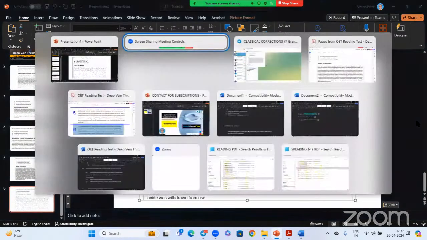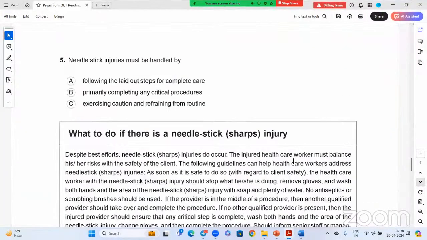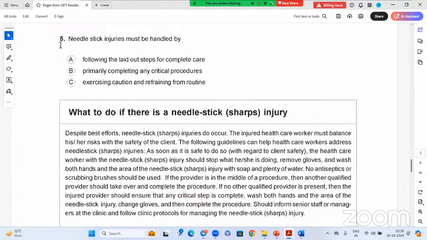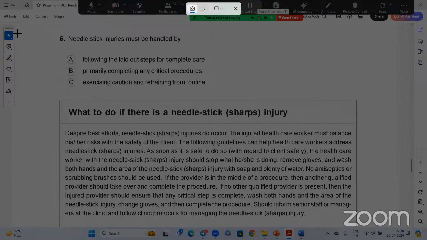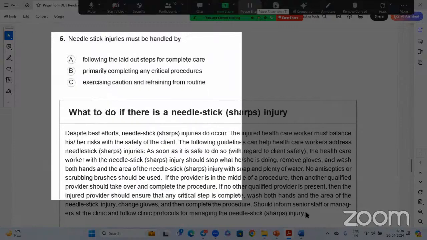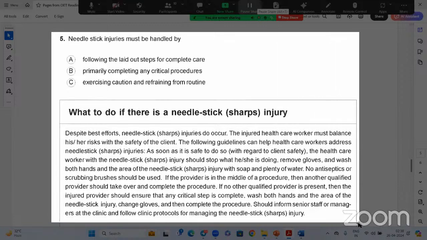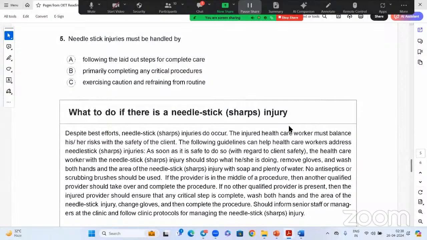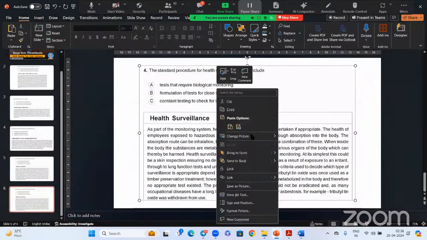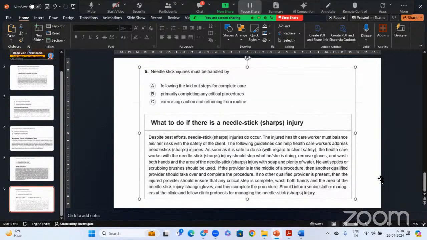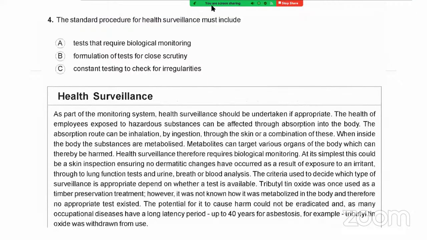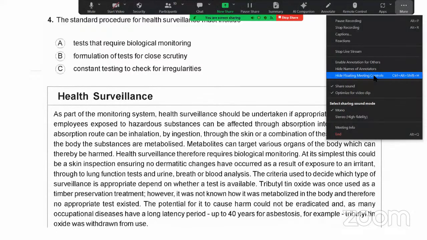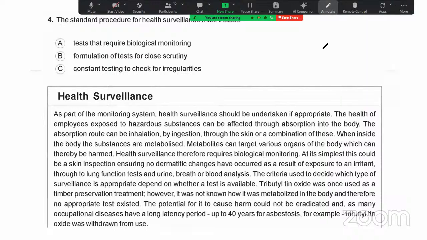So point number 5. Now let us see this question.